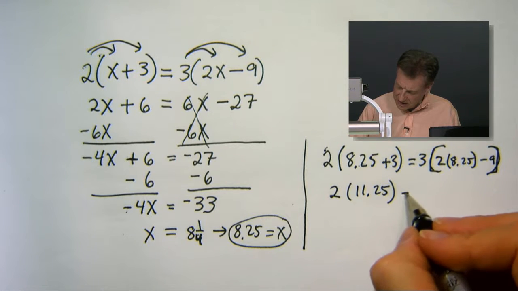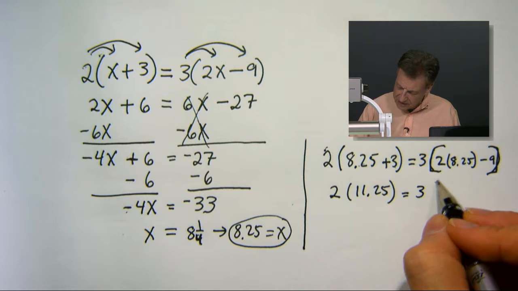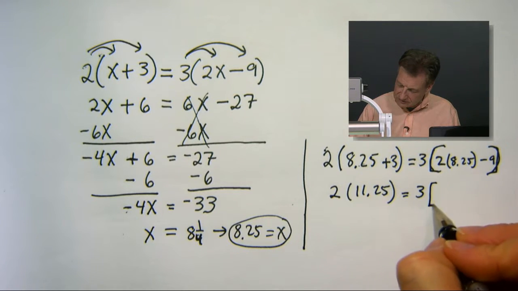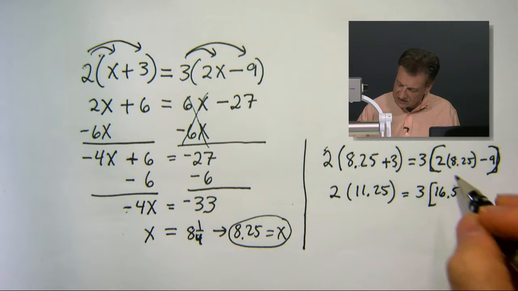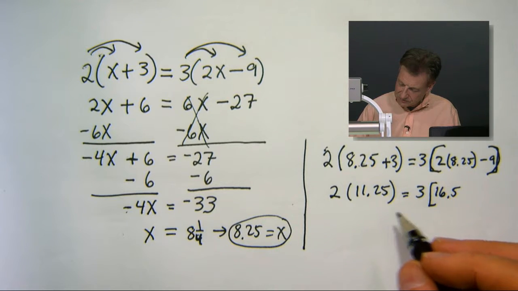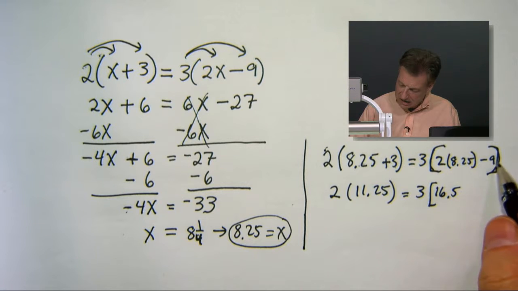All right, good. On this side, I've got 3 times, and I'm going to see if we can work this thing out in the middle here. 2 times that is going to give us 16 5/10. That was pretty nice. And let's see where we're going to go with that. Minus 9.